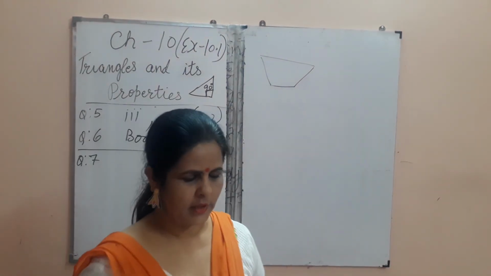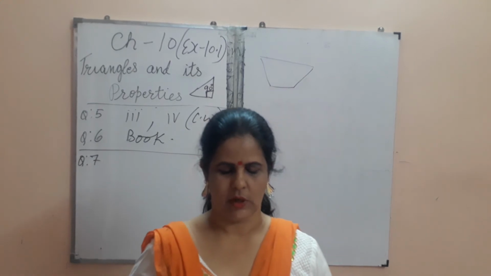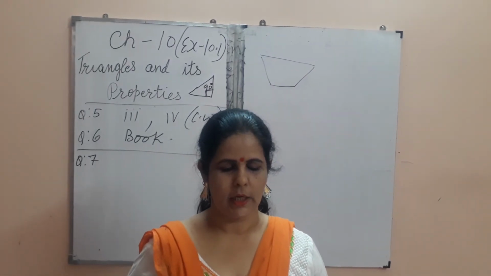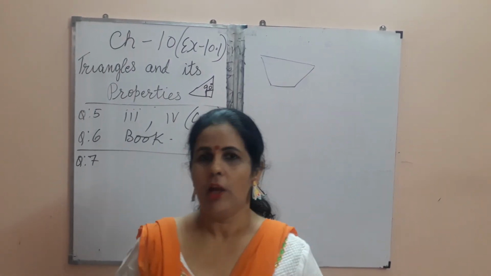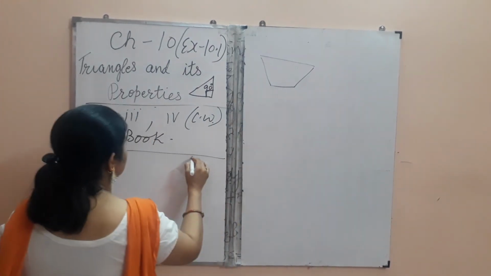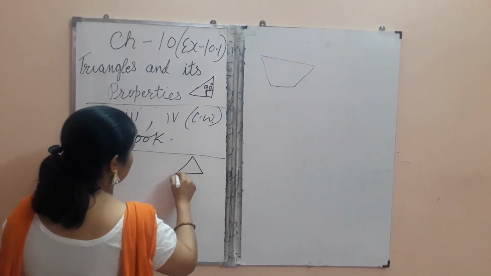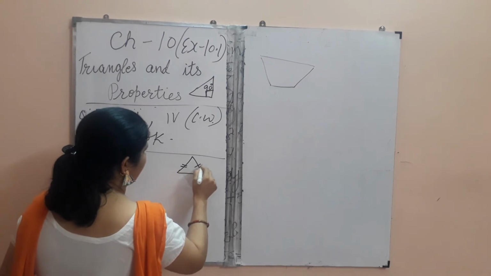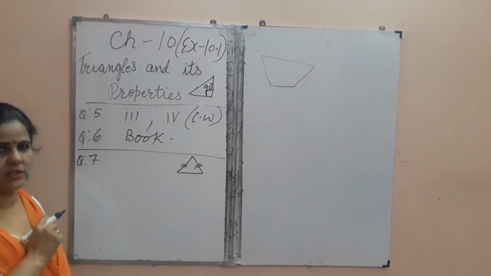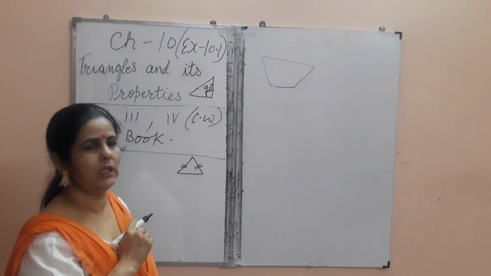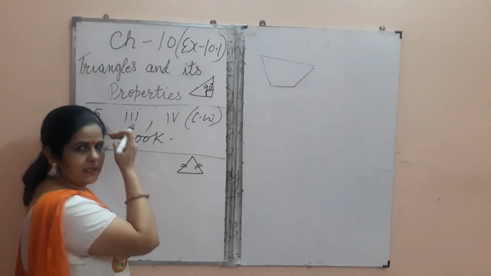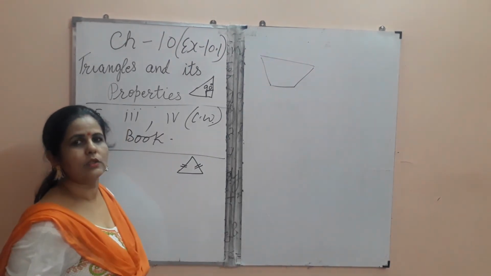If one of the angles of an isosceles triangle is 120, find the remaining two angles. Now in an isosceles triangle, as we know, two sides are equal. What is the definition of an isosceles triangle? When two sides are equal, it is called an isosceles triangle.